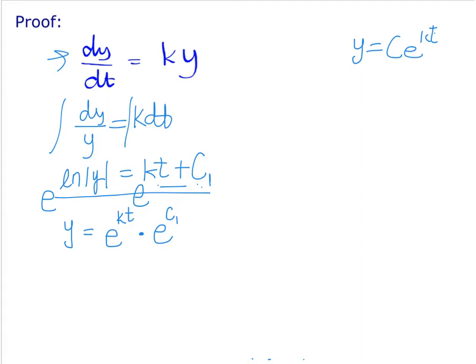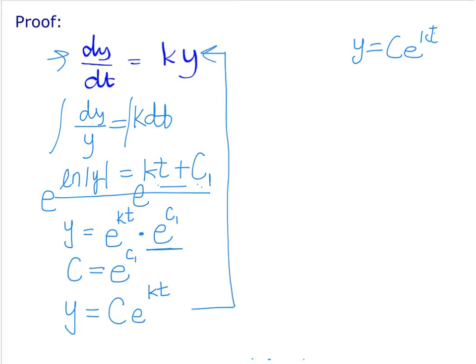So if I let the constant, since a constant is just a constant, and this right here is a constant, I'm going to set that equal to this number here. Okay, e to some power is just a constant. And then what I end up with is y equals c e to the kt. And so this proves that this is the general solution to that differential equation.